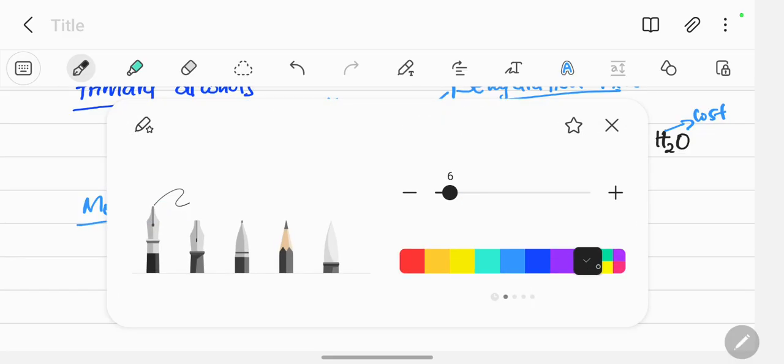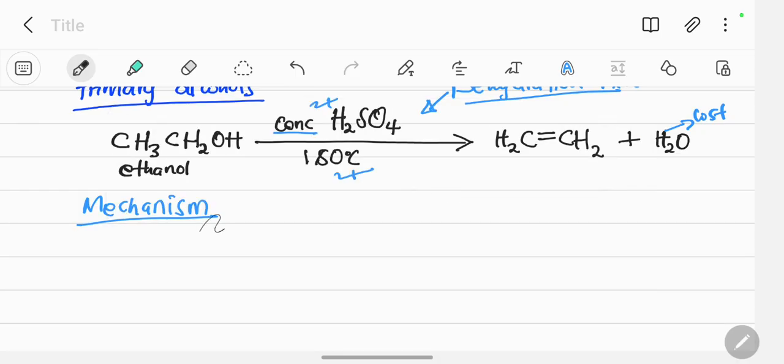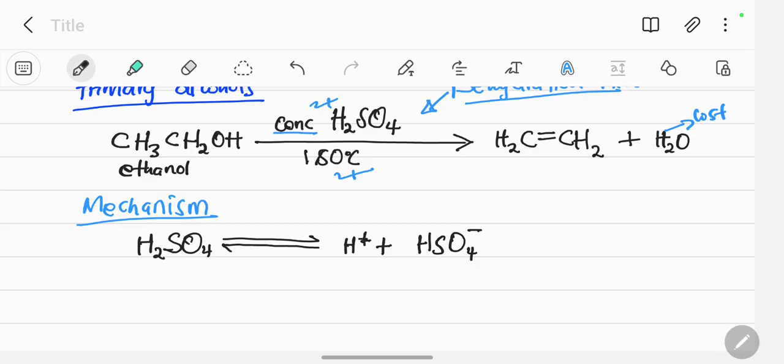So our mechanism is going to be that concentrated sulfuric acid, first, it's going to dissociate in this form, giving us hydrogen ions and hydrogen sulfate ions, like that.